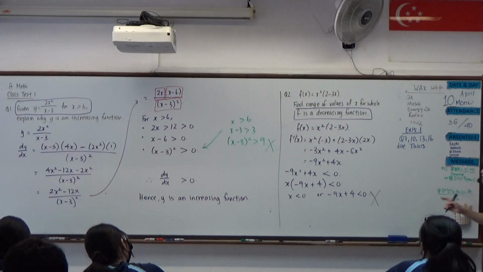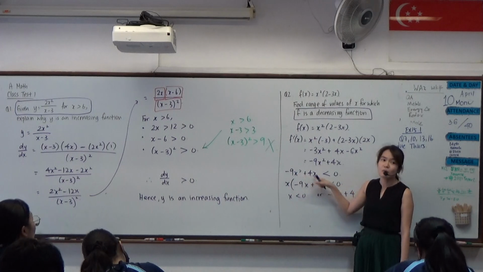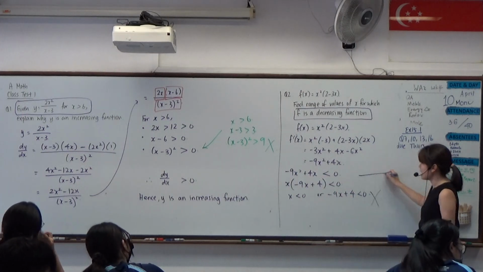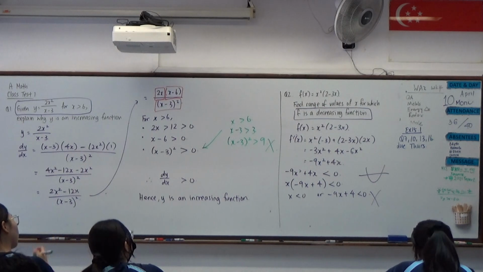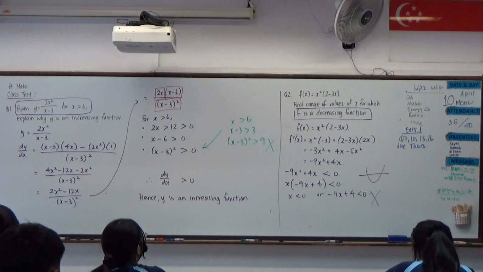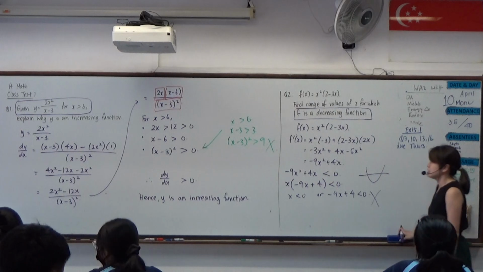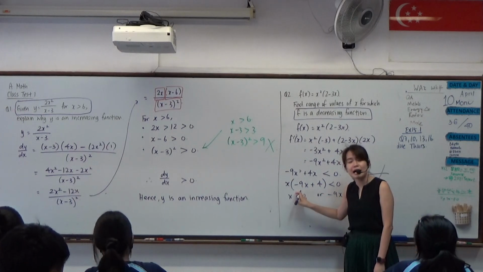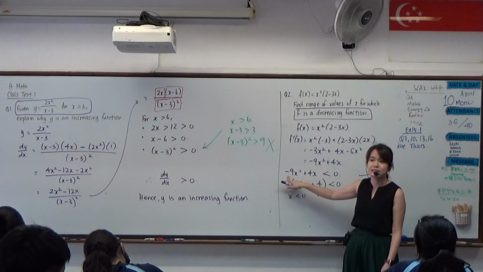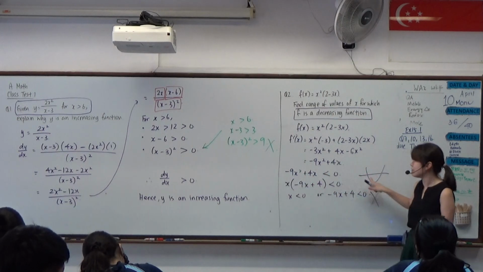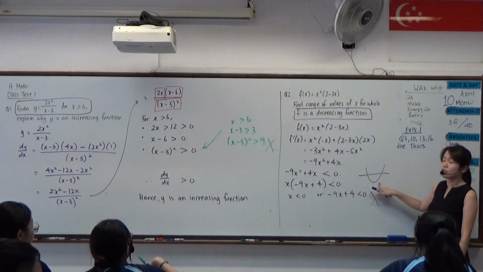So what we have to do is that this is a quadratic inequality. We have to rely on our graph. And the problem is, how will our graph look like? I intentionally choose this one for us to be aware that your coefficient of x squared in this case is negative. Should your graph look like this? It shouldn't.